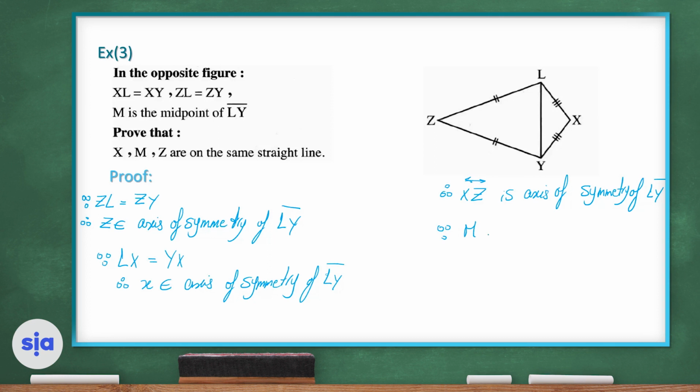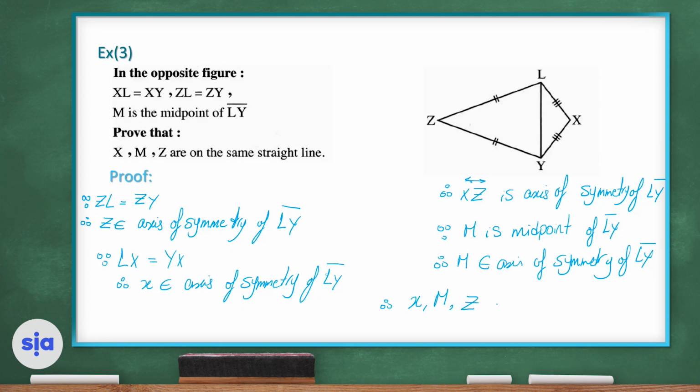Since M is the midpoint of LY as given, therefore M belongs to the axis of symmetry of LY. So that proves that points X, M, and Z are on the same straight line.